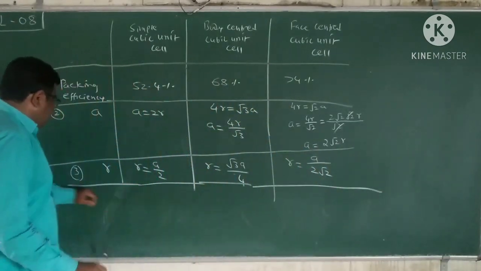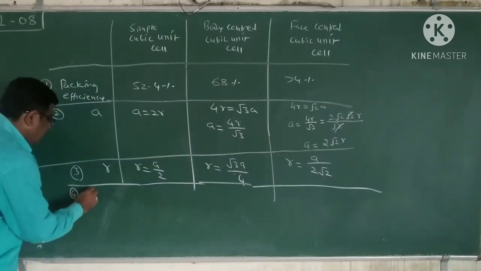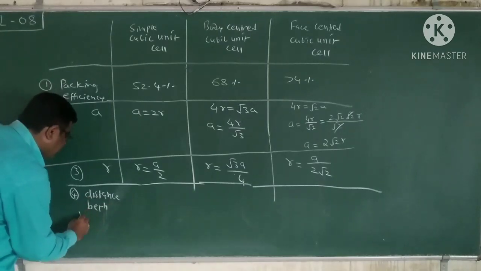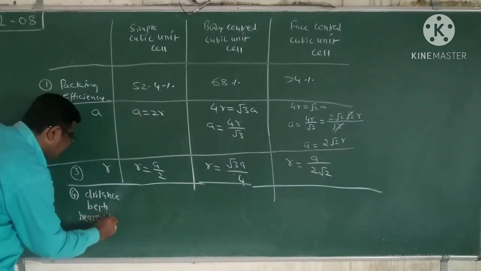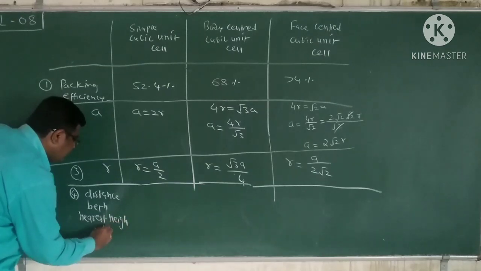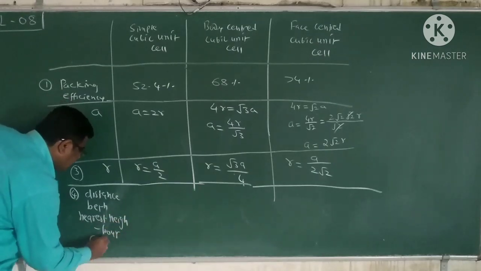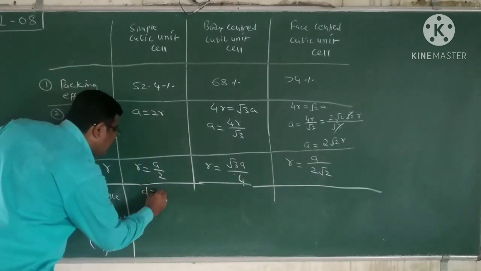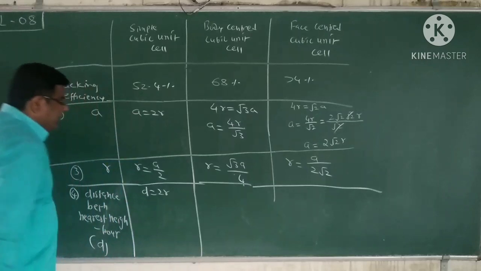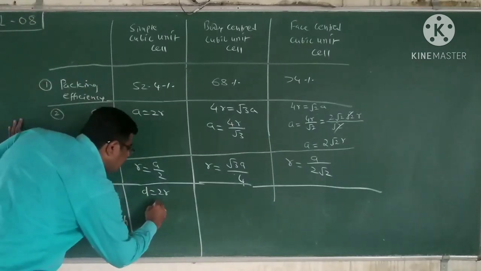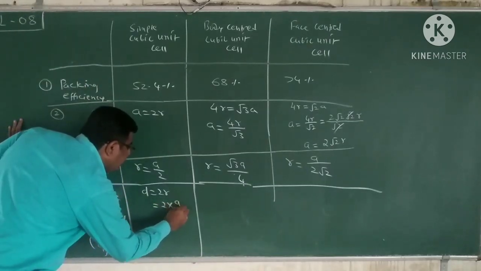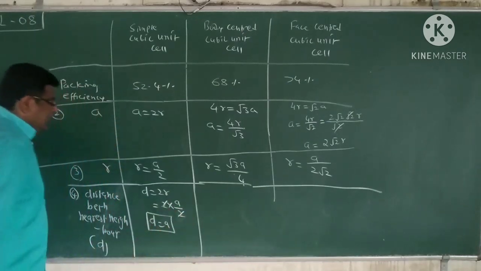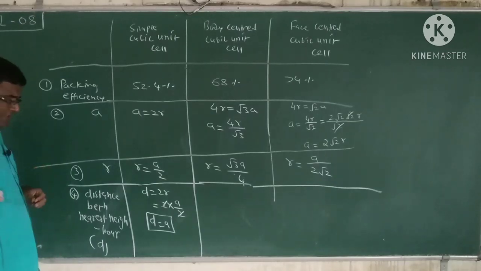Then fourth is the distance between nearest neighbors, that is denoted by d, and always d equals 2 times the radius, 2 times a by 2, so that d is equal to a here in simple cubic unit cell.